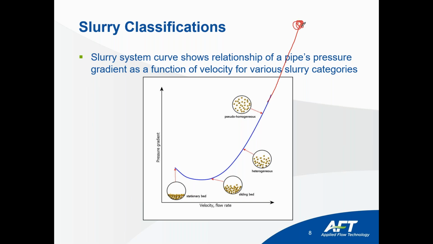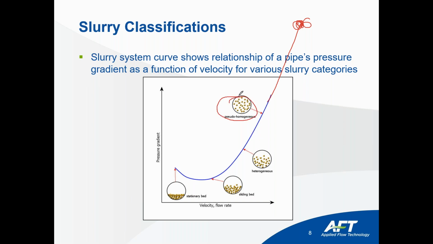So the homogeneous category where you're more of a non-Newtonian fluid and you have very fine particles, there's virtually no chance that that's going to settle out of the fluid. So that's why it's not even included on this graph, because it's way out of the category of what would be a settling slurry.